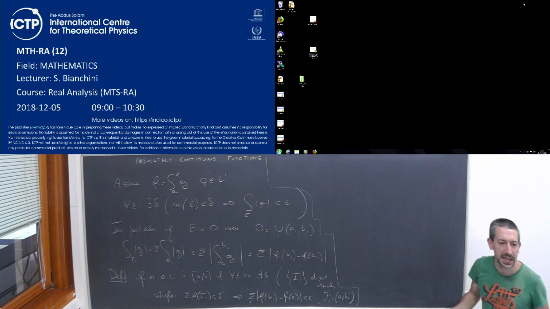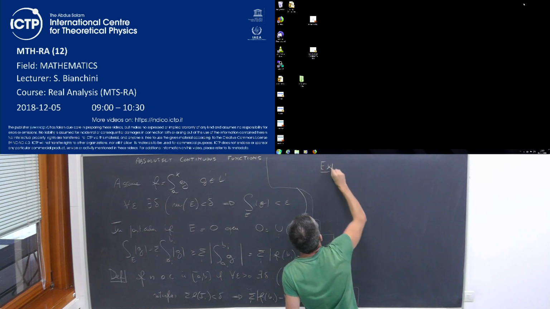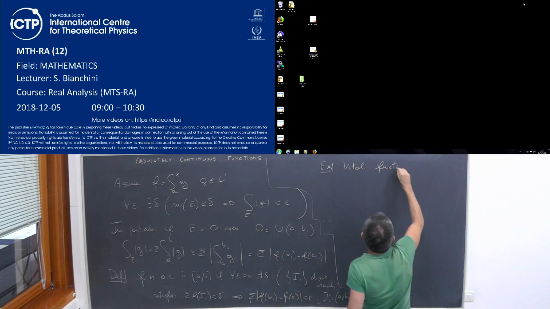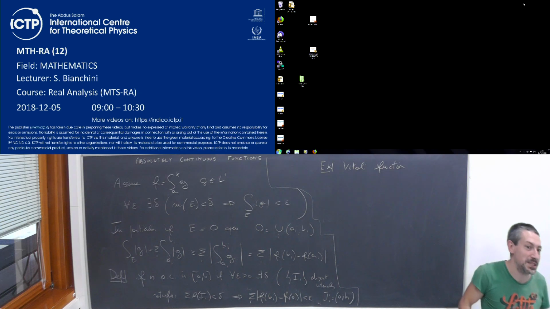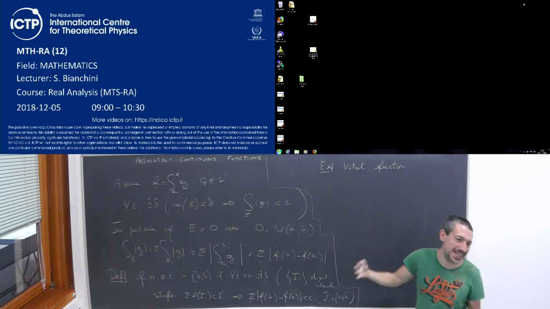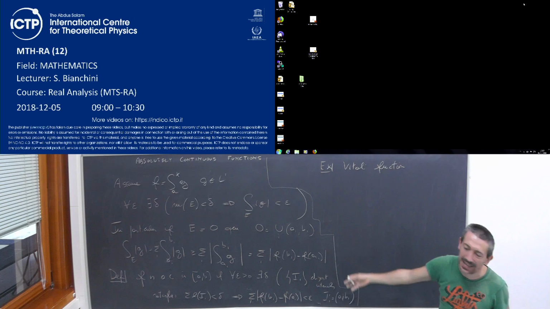Example 5, Vitali function. We question whether this function is absolutely continuous. Is this function absolutely continuous? Then this condition is nice, but it doesn't say it's not the correct one. It's not just that.